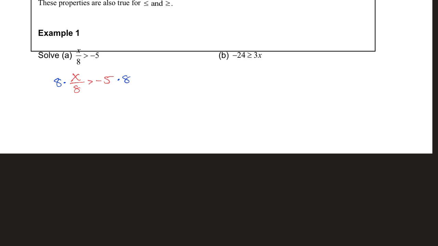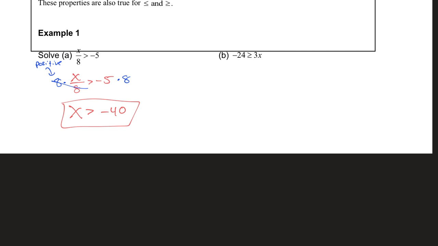Notice I'm multiplying by a positive, so positive means don't change anything. The 8's cancel, leaving me with x greater than, and then -5 times 8 is going to give me -40. This didn't say to graph it, so I'm not going to. I am just writing the solution there.